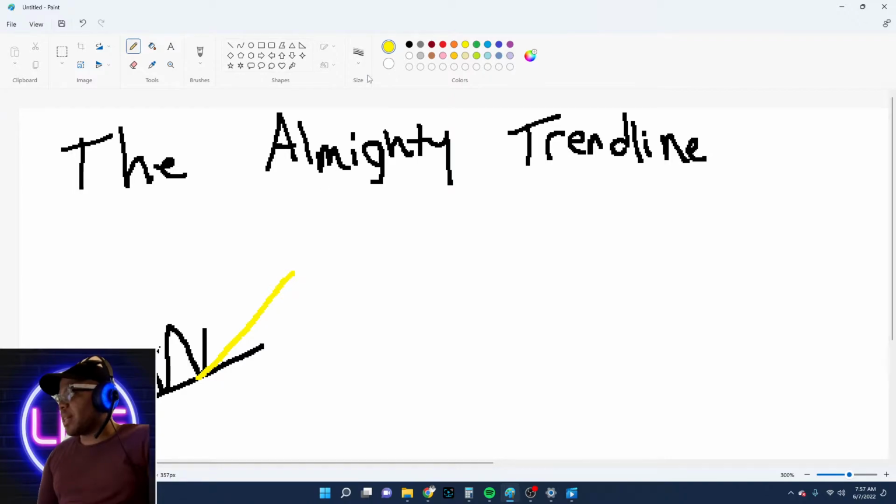This is your new trend line. Price is still doing its thing. And then you get another change in the slope of the trend line. Price is still doing its thing.